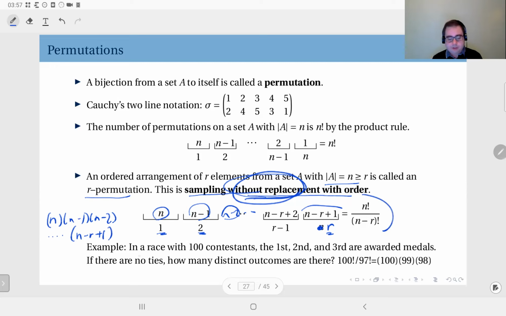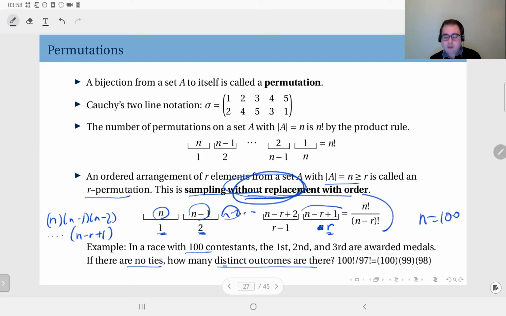Simple example here: in a race with 100 contestants, the first, second, and third are awarded medals, the gold, the silver, and the bronze medals. If there are no ties, how many distinct outcomes are there in this race? This is an r-permutation, the case where n equals 100.